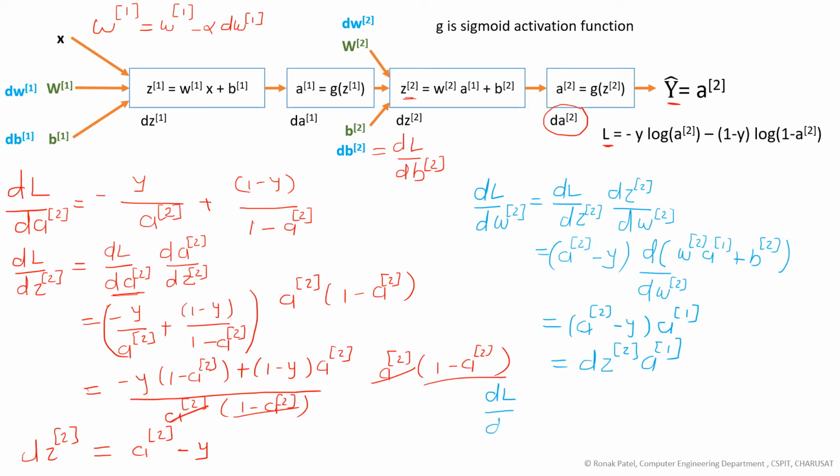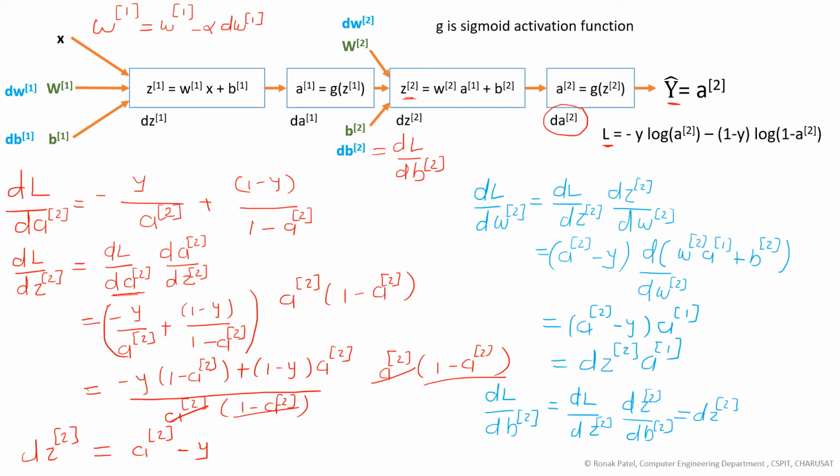Now in the same way, dL upon db2, which means the derivative for your bias term. So what will we write? Chain rule again: dL upon dz2 and dz2 upon db2, right? So this term, dL upon dz2, we can write as dz2. Now this dz2 upon db2.